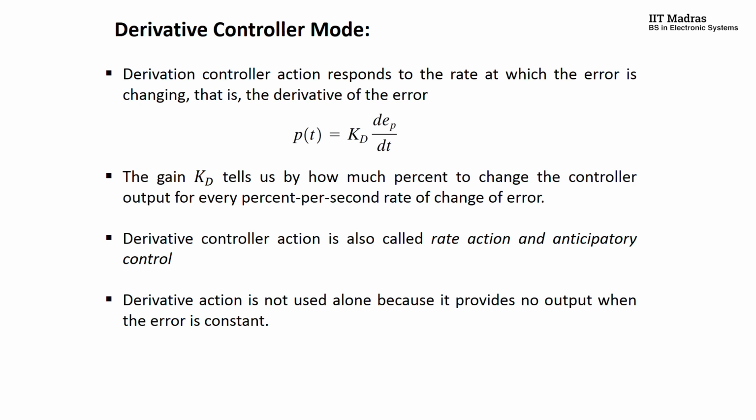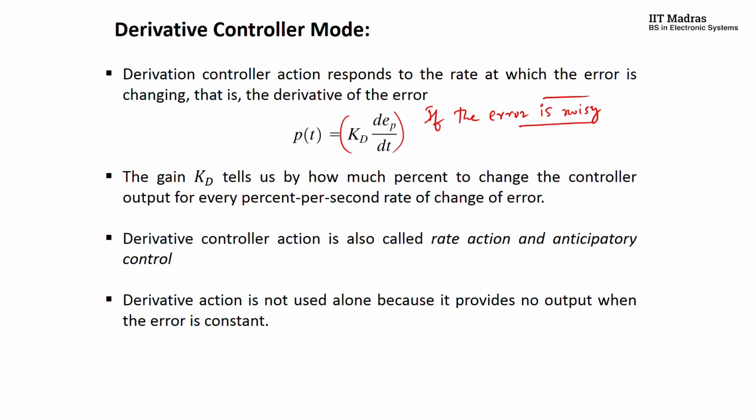There is a fundamental problem with the derivative controller: if the error is noisy, then since you have dE by dt multiplied by Kd, the control output would fluctuate very fast.